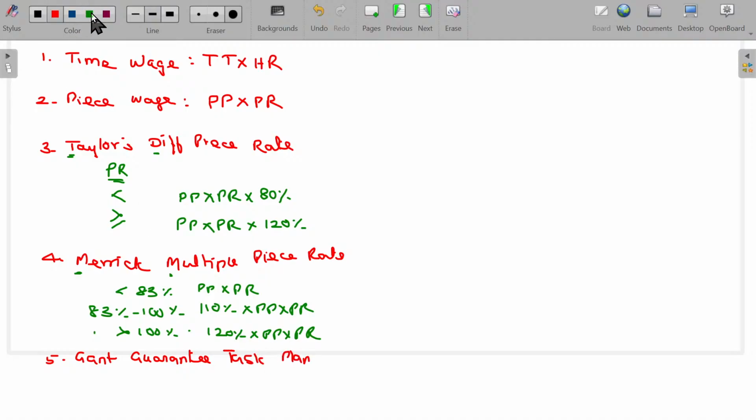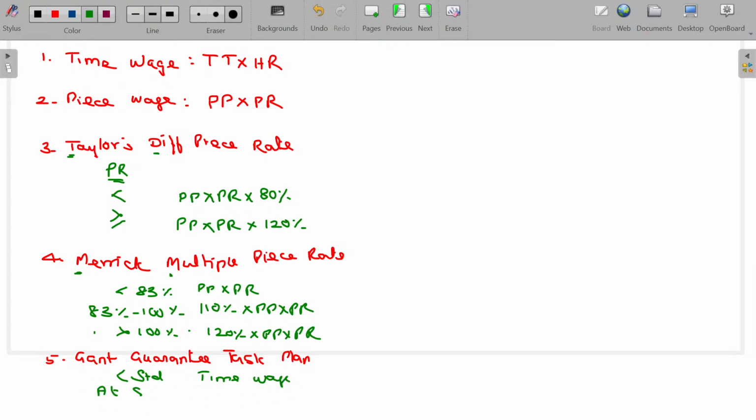If the performance is less than standard, time wage will be given.